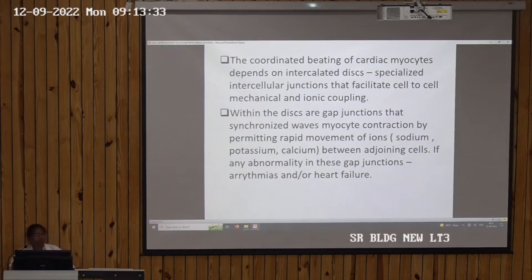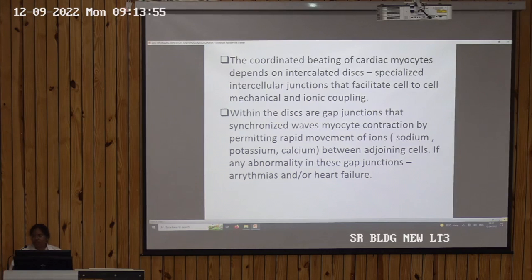Now, but how do the muscles coordinate that? How do they all contract at the same time and all relax at the same time? This depends upon the specialized intercalated discs and junctions which facilitate the cell-to-cell mechanical and ionic coupling.